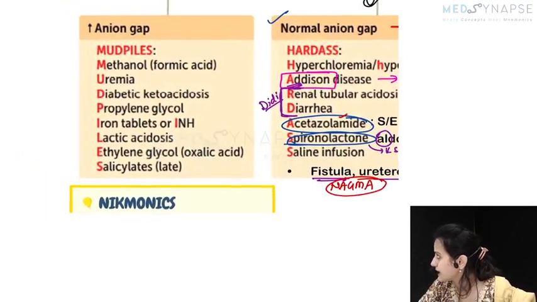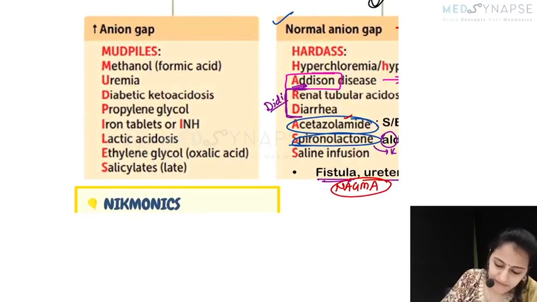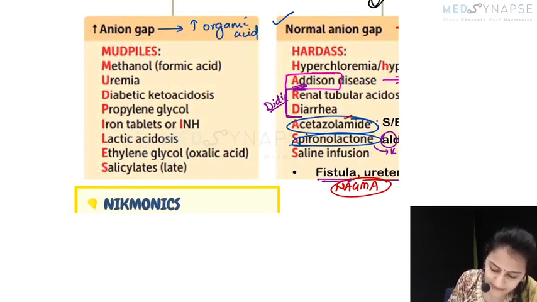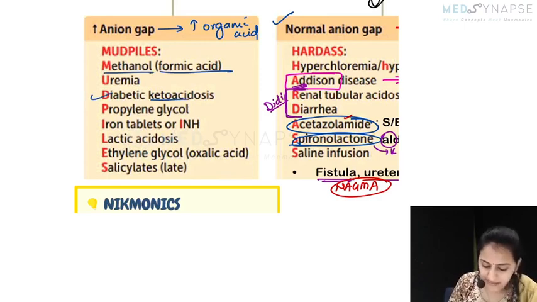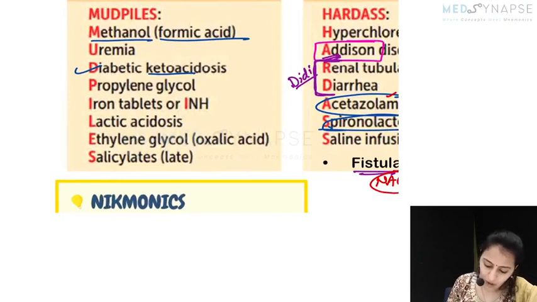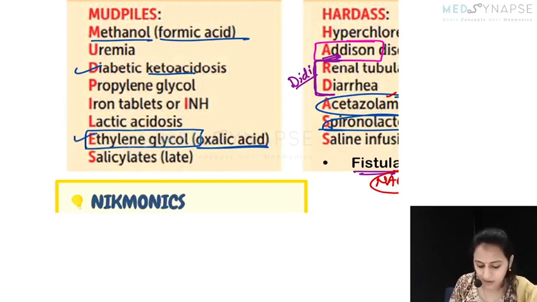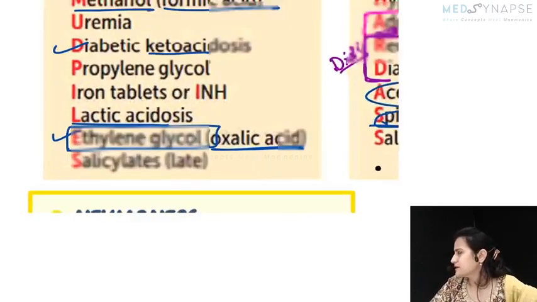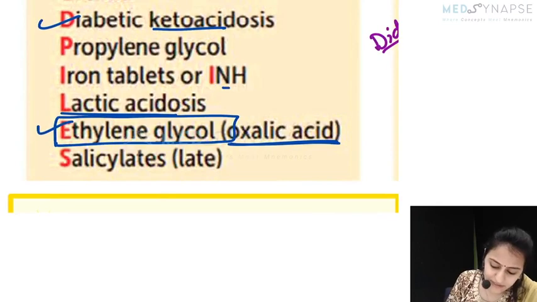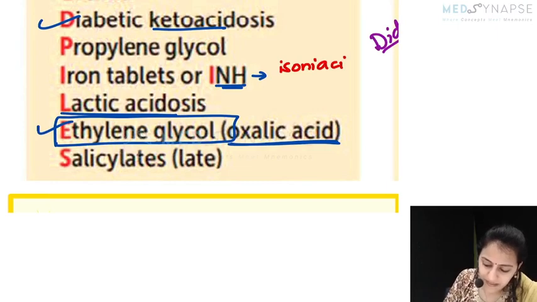जहां पे ऑर्गेनिक एसिड्स आएंगे, when I say anion gap is increased, basically we are increasing the organic acids like formic acid in methanol, ketoacids in DKA, oxalic acid कौन सी पॉइजनिंग में देखा था? Ethylene glycol, lactic acid. Did we see INH causes acidosis? Yes. What was that? Isoniazid.